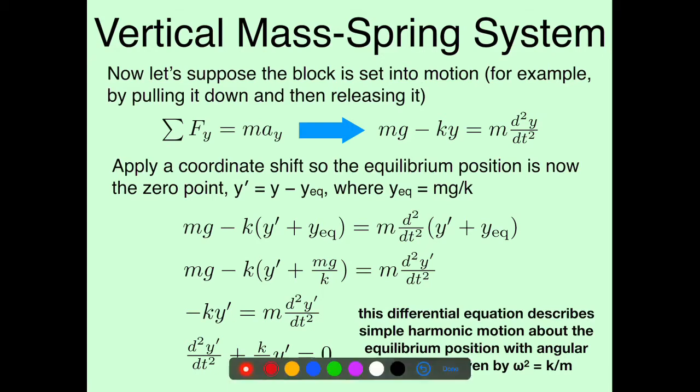So the point of doing all this is to say that if we have a horizontal mass spring system that oscillates this way, or a vertical mass spring system that oscillates this way, we end up at the end of the day with the same exact differential equation that describes the motion with the same exact angular frequency that describes how fast the motion is happening.